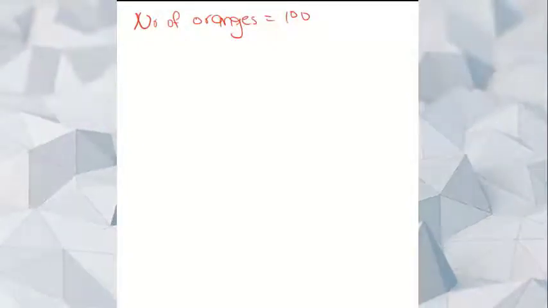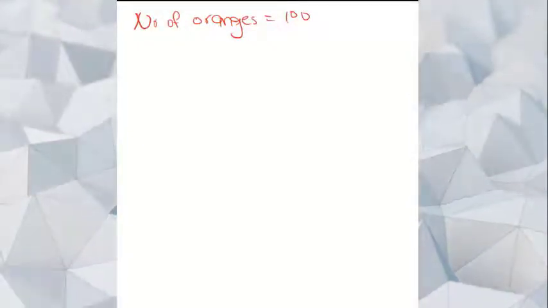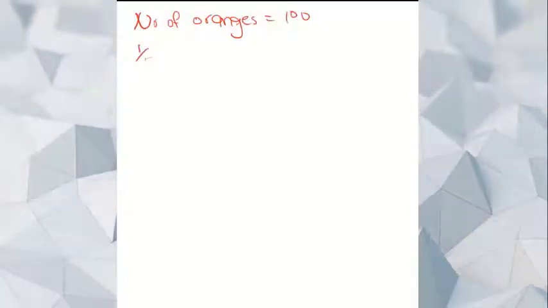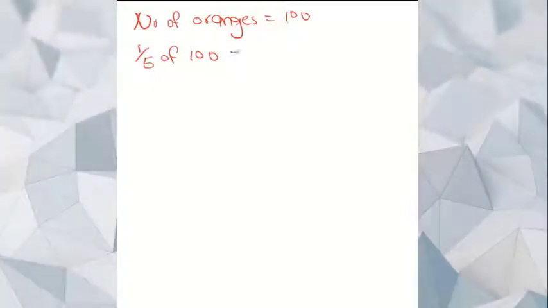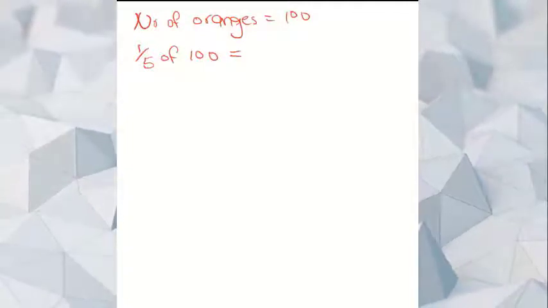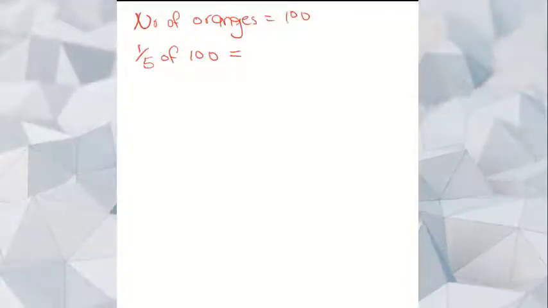So for Olu we have 1/5 of 100, which is equal to what?